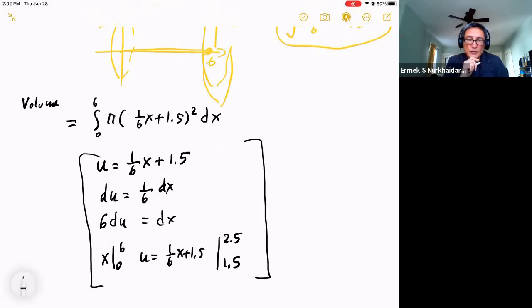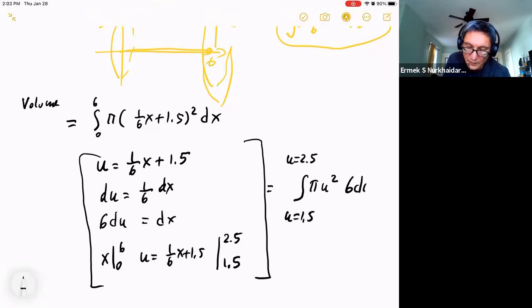If you pay attention to what is going on, you actually notice that we're doing the substitution y equals u, so that u is y. We kind of switched everything to y. So we're going to get the integral from u equals 1.5 to u equals 2.5 of pi u squared, and dx equals 6 du, so 6 u.